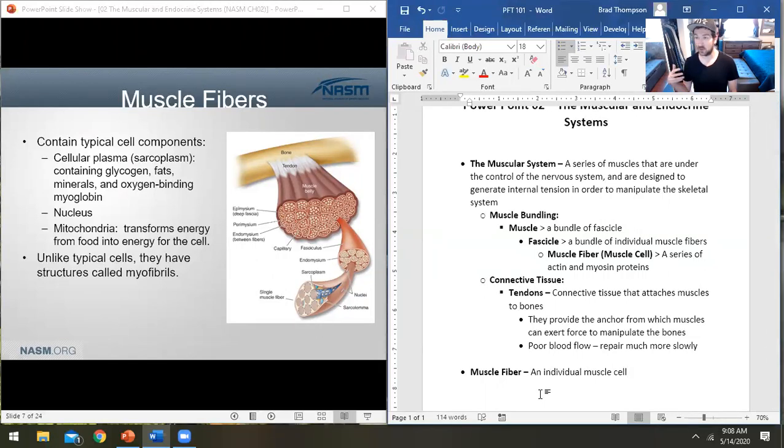Whenever you hear sarco before a word, you're probably in muscle territory. You're probably talking about muscles. Just like if you ever hear the word myo, that's also related to muscles: myo, flesh, sarco. So the sarcoplasmic reticulum is this webbing around the outside there.